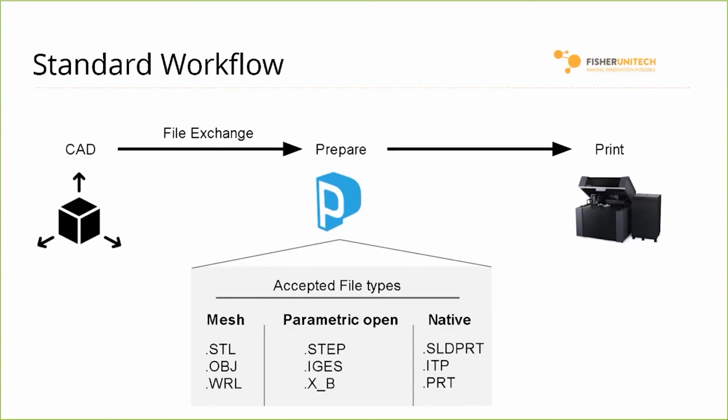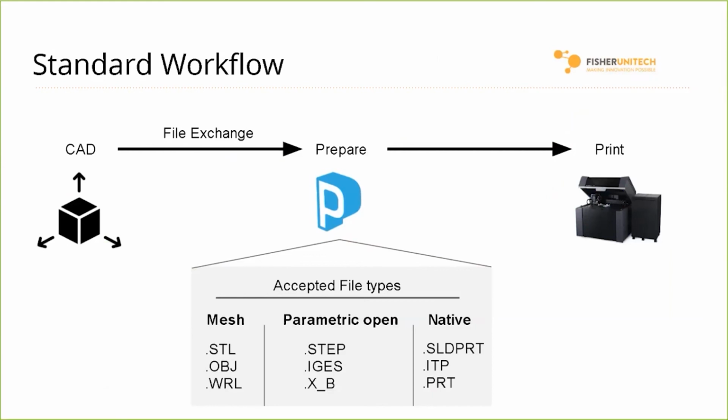And I will do a little bit of talking about file types today. GrabCAD Print will accept a wide range of file types. Mesh-based files like STL, OBJ, VRML, WRL are kind of interchangeable; those are triangulated mesh-based files.